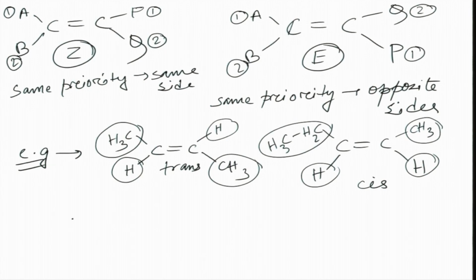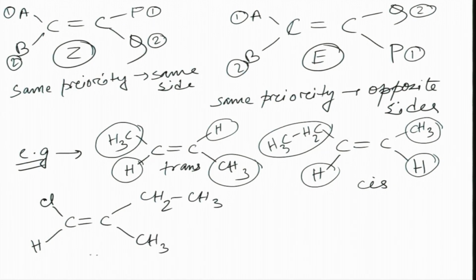Now, if we talk about this, all four groups are different. Now, we will have to assign the priorities. Let us talk about this carbon. One is chlorine and one is hydrogen. Chlorine has a higher atomic number, so it will have first priority and hydrogen will have second priority. Now, let us talk about this carbon.